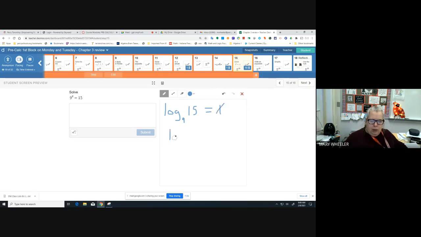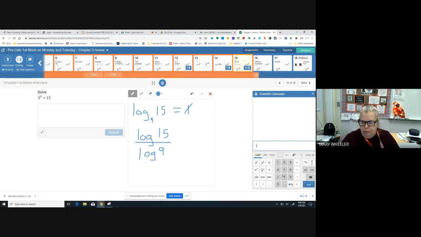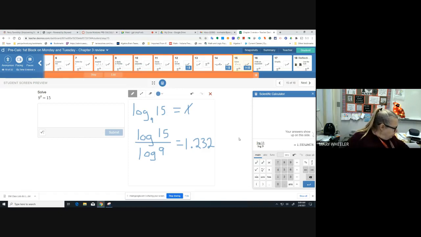And then you're using your change of base. It becomes just calculator work. And if you just put 1.23, that's fine.